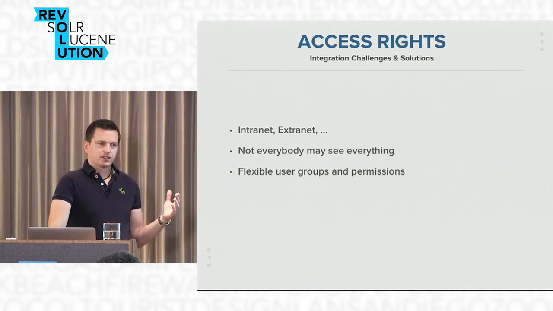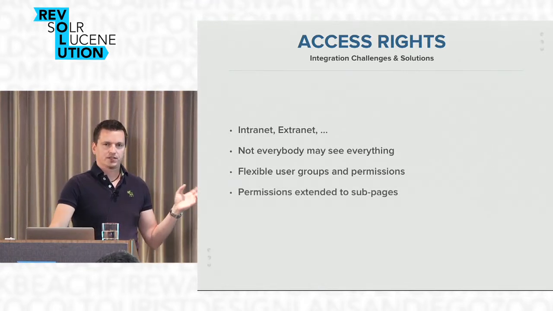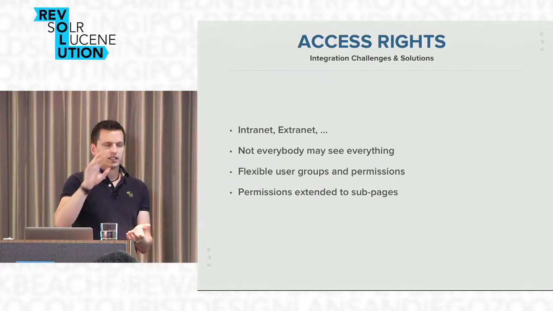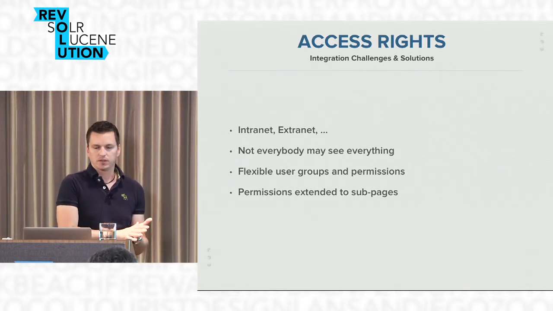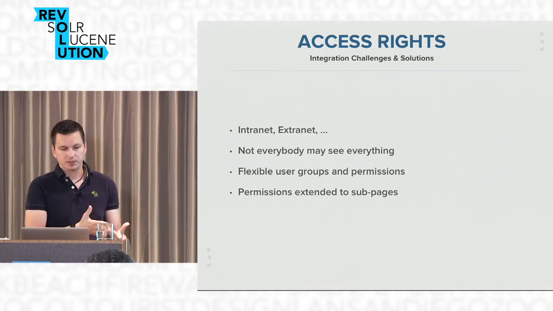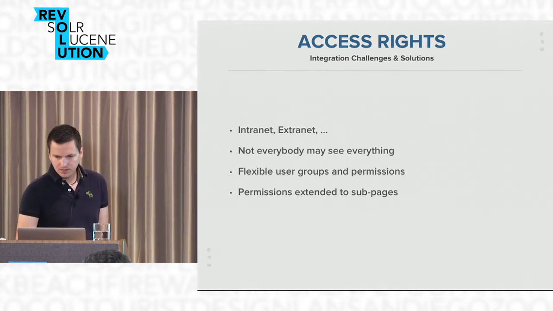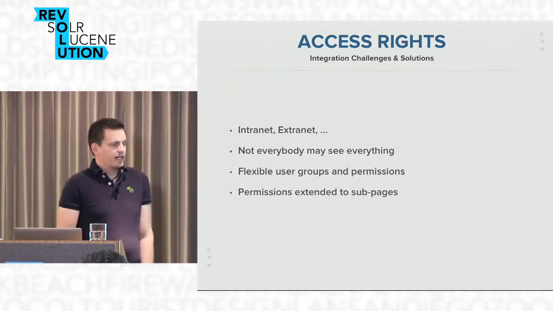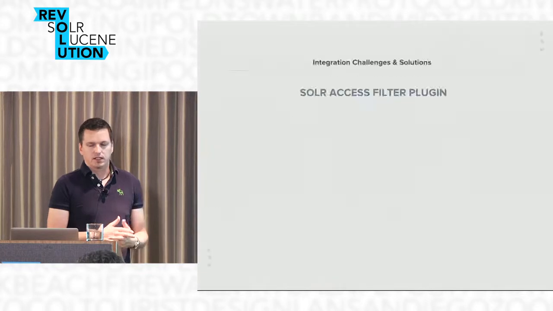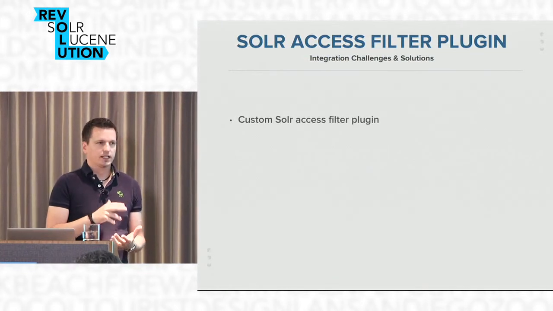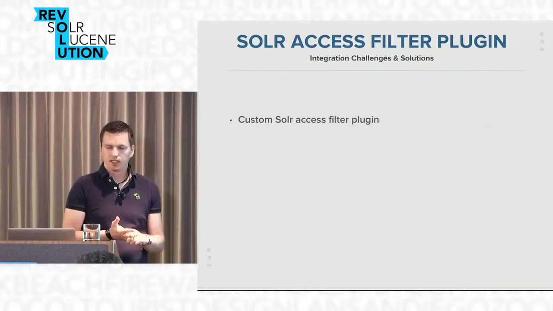Of course, you could assign permissions to a certain page and then extend it down to all its subpages. That also needed to be taken care of. So to overcome that, we simply went to build a custom Solr access filter plugin.